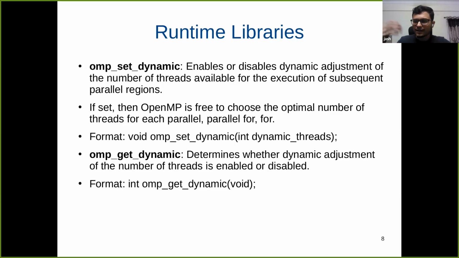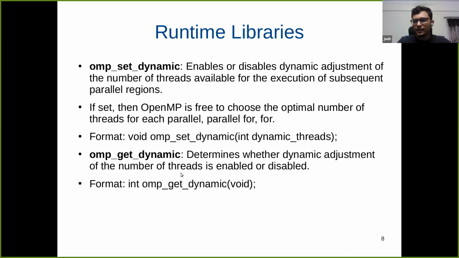If you set it as false, it will disable it. If enabled, it will instruct OpenMP to choose the optimal number of threads for parallel for and for directives. And this is the format: it returns void, and it takes the dynamic value that you want to set here.